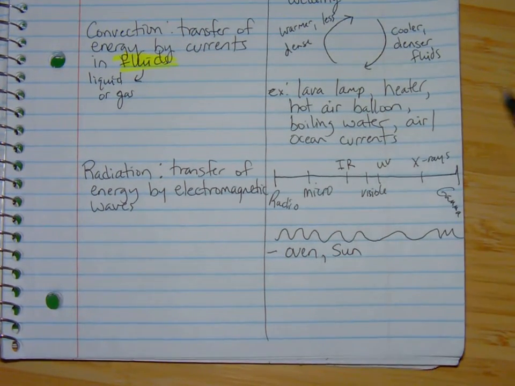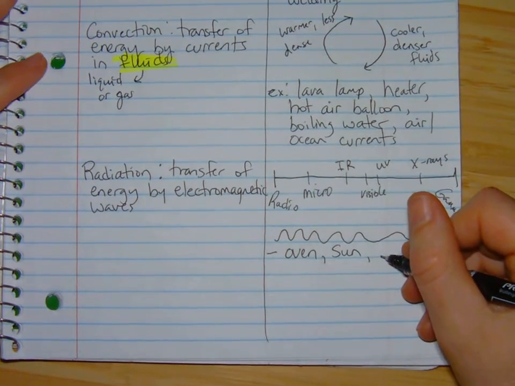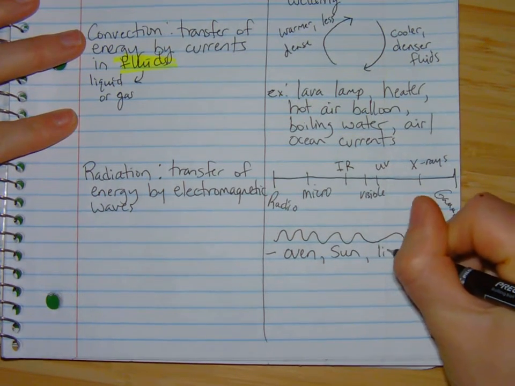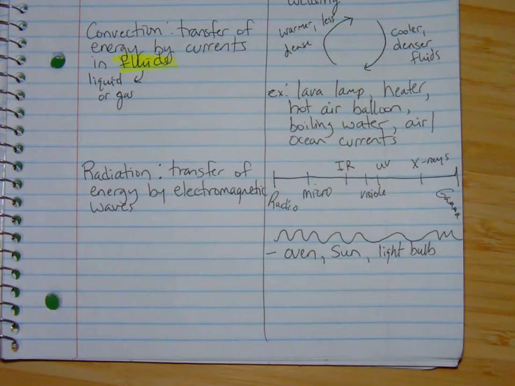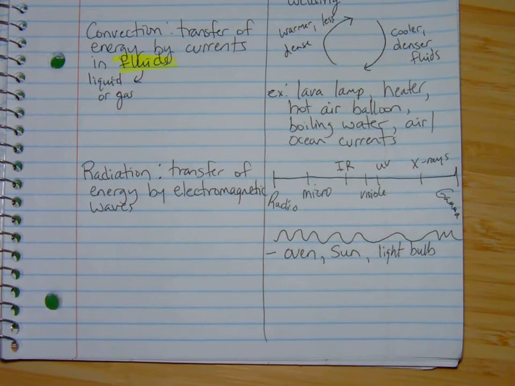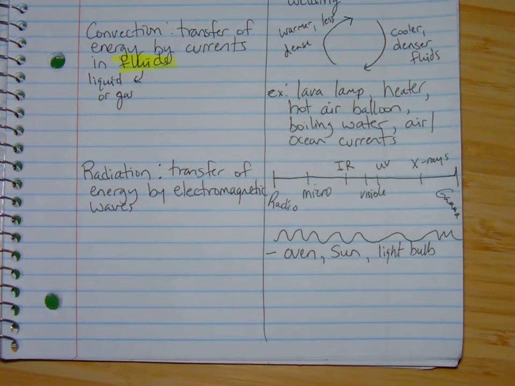Everything coming from the sun emits every single frequency here, every single type. Anything that creates its own light. So a light bulb, when it's lit, of course, creates visible light. There are endless examples of this. So cooking your food, microwaves is radiation. X-rays is technically radiation. I know it doesn't feel like thermal energy, but it's still energy. So it's a type of energy transfer.